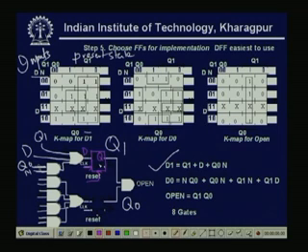Now, what will be d0? d0 is nq0 plus q0n plus q1n plus q1d. So, there are four AND gates.